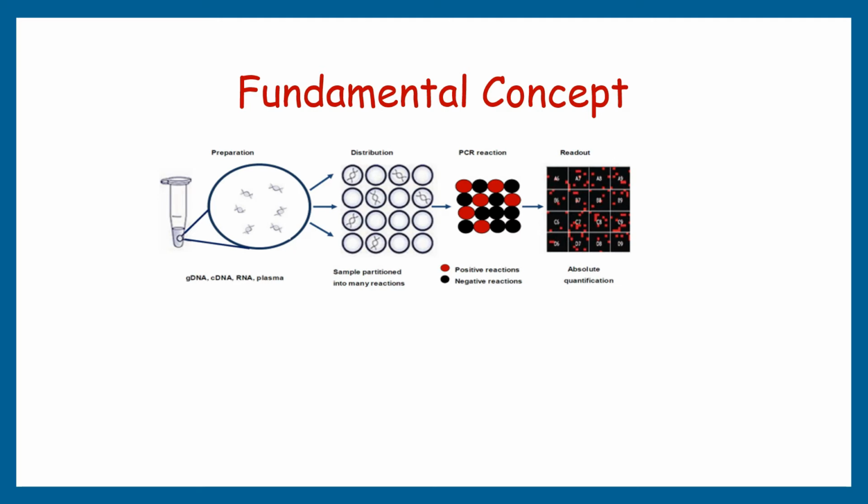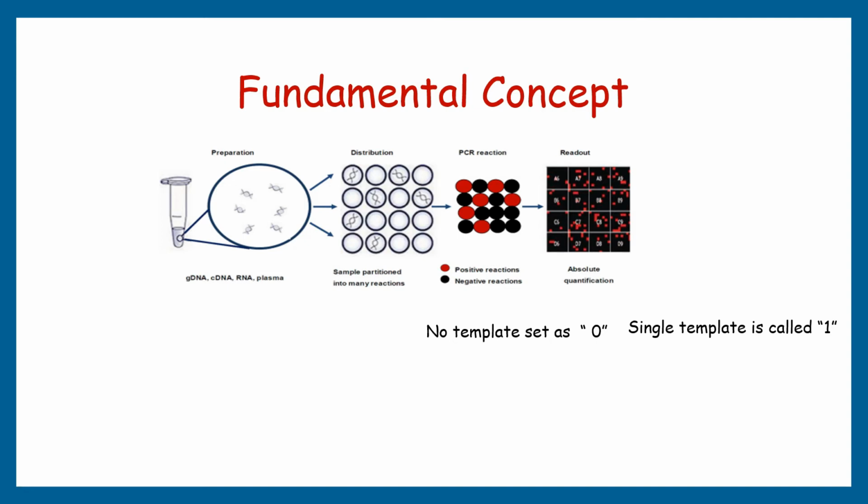The fluorescence emitted by a compartment with no template is called zero, and it is used as a baseline for the calculation, also called PCR negative reaction, which is described as a black color in the figure. The fluorescence emitted by a compartment with a single template is called 1, which is also called PCR positive reaction, and it is described as a red color in the figure.